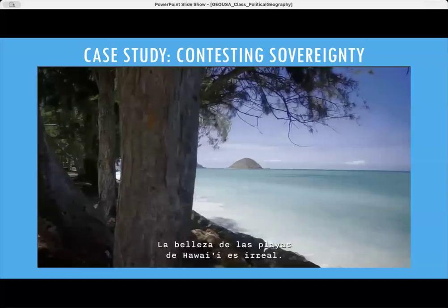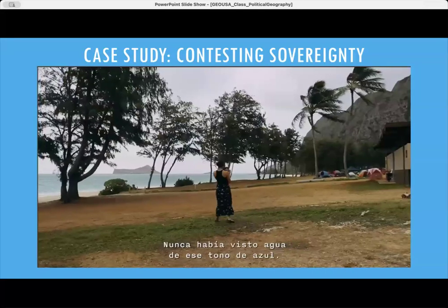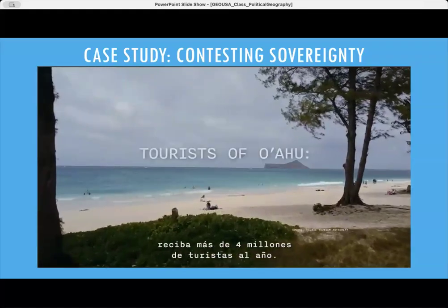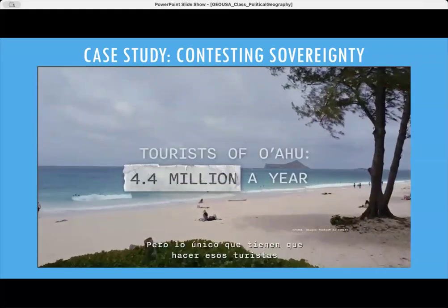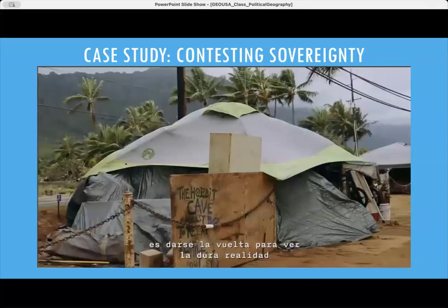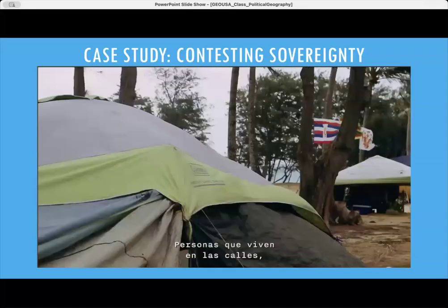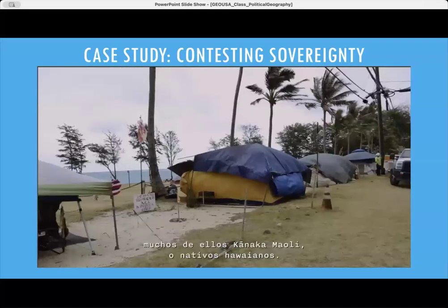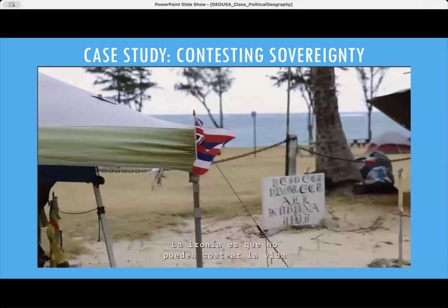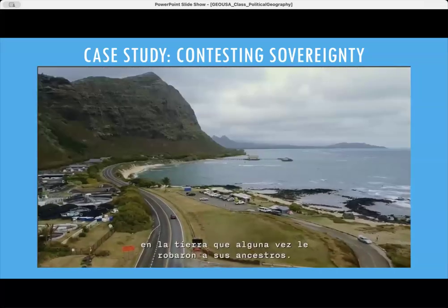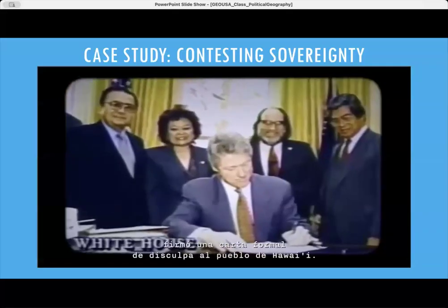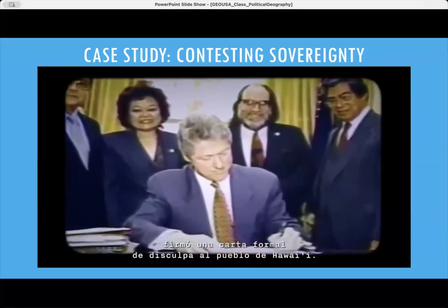The beauty of Hawaii's beaches is unreal. I had never seen water that shade of blue. So it makes sense that Oahu alone gets more than 4 million tourists a year. But all those tourists have to do is turn around to see the harsh reality of life in Hawaii. People living on the street, many of them Kanaka Maoli or native Hawaiian. The irony is that they can't afford to live on the land that was once stolen from their ancestors. At the White House yesterday, President Clinton signed a formal letter of apology to the people of Hawaii.